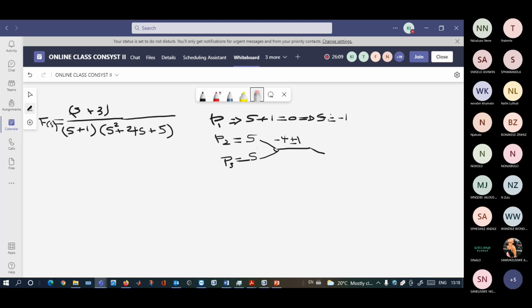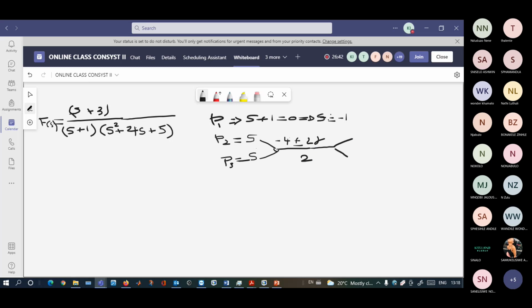I think I've already solved this type of example before. So it's going to be minus 4 plus or minus 2j over 2.